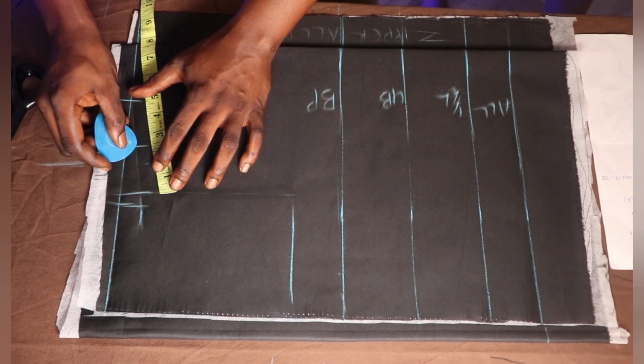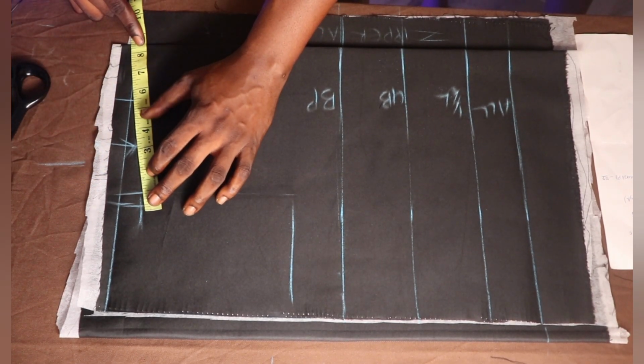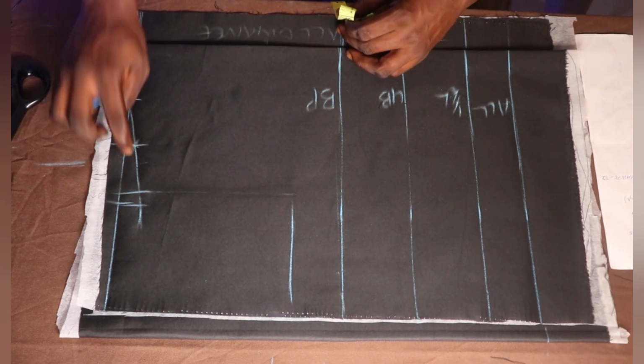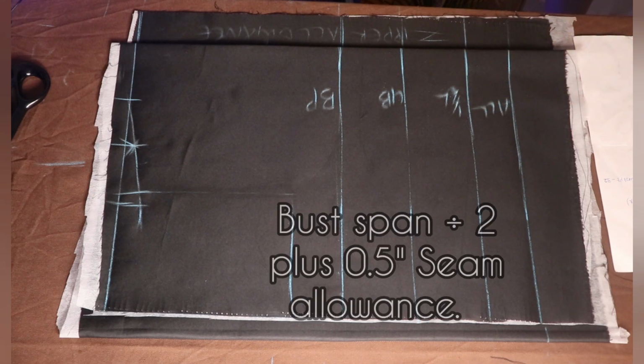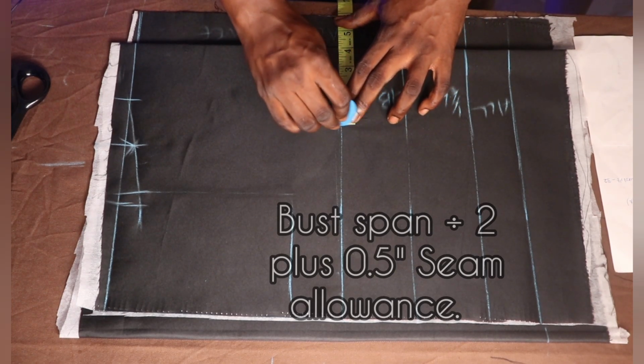So on this point, keep that. Bust span is 7, which is 3.5. I'll add half to it, making it 4. So on my bust point, I'll mark 4.